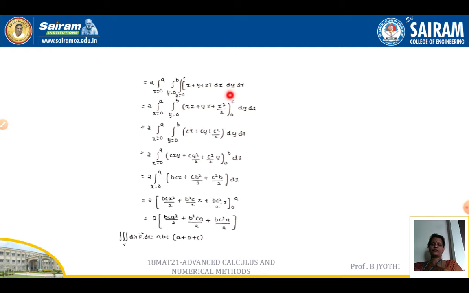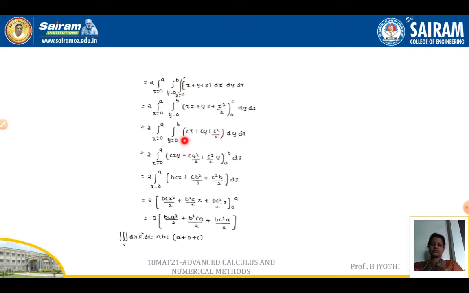First we will integrate with respect to z, because the innermost limit is for z. So when we integrate with respect to z, we get xz plus yz plus z square by 2, from 0 to c, dy dx.